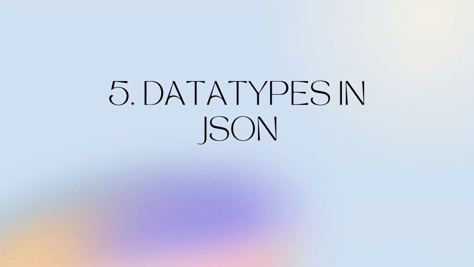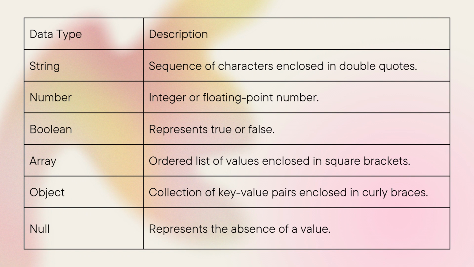Now let's discuss the data types that JSON uses. Let's take an example to understand how these data types are used better. Let's take an example of an e-commerce website. When you're ordering something, the first data type is strings, that is a sequence of characters enclosed in double quotes.